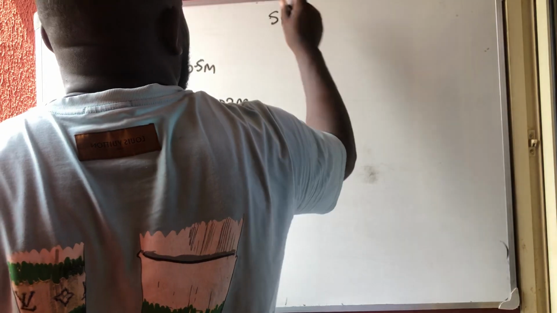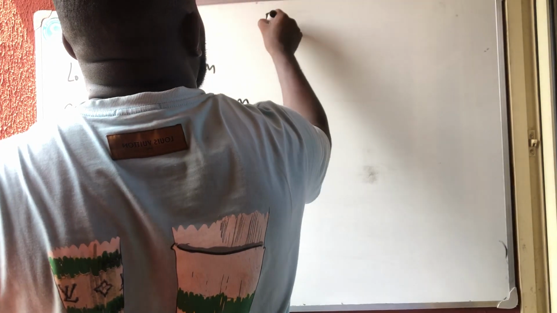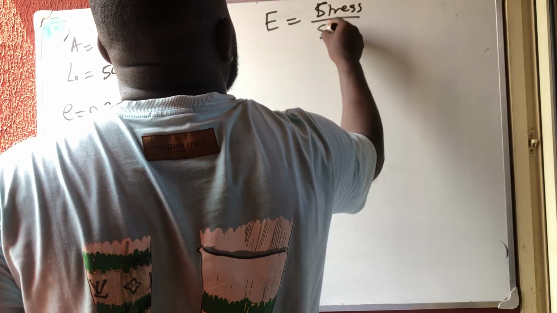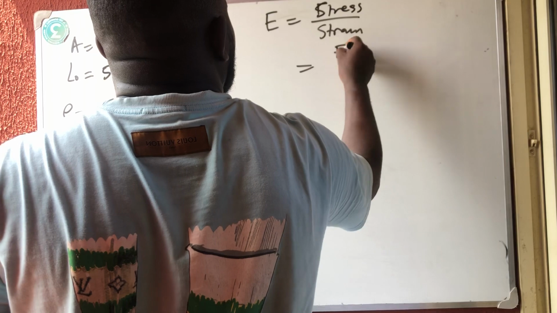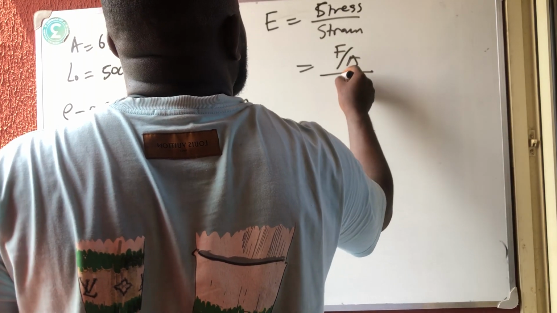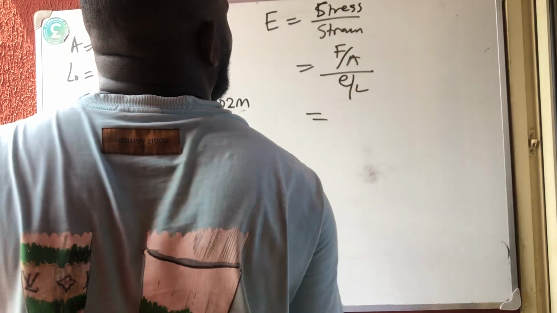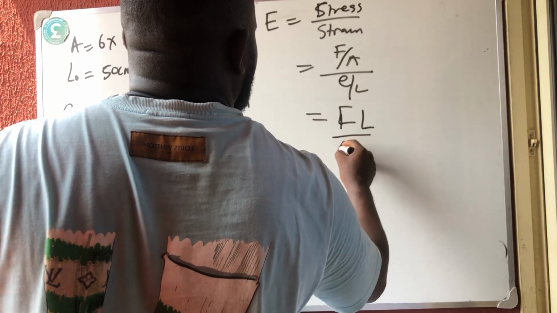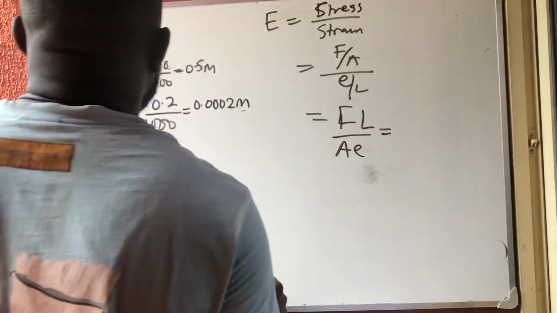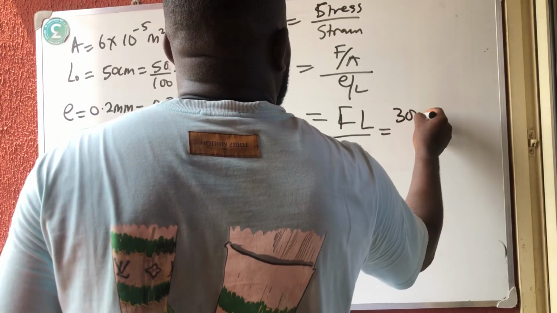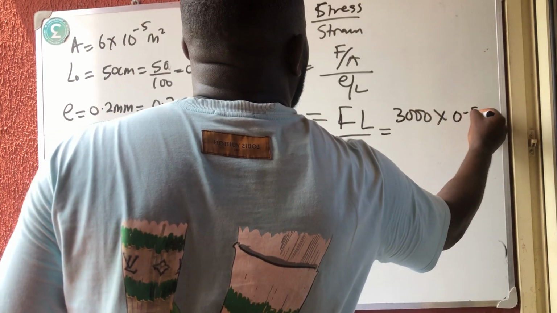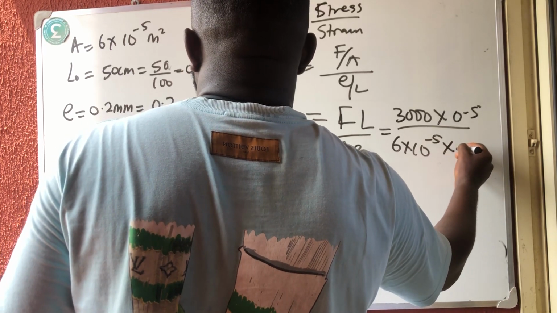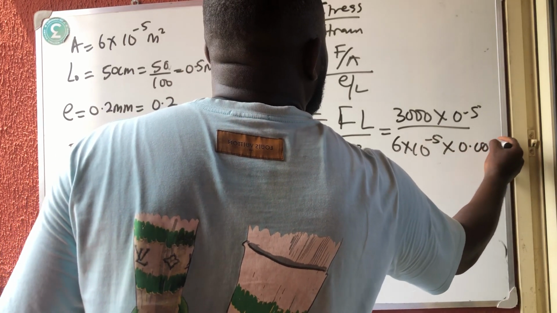Young modulus E is equal to stress over strain. Stress is force over area, divided by extension over original length, which we got as FL over AE. So our force is 3000 times our L, 0.5, divided by 6 times 10 raised to power minus 5 times 0.0002.